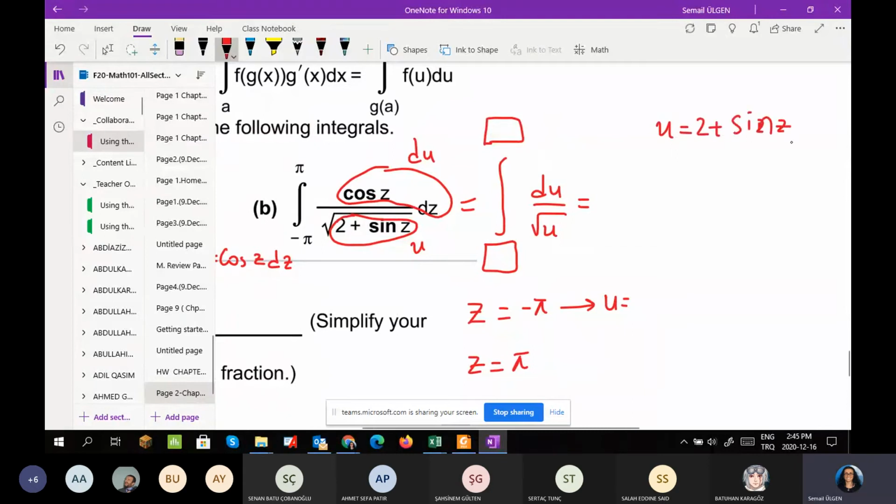So if z is negative pi, sine is 0, 0 plus 2 is 2. And then if z is pi, sine pi is 0, you get, again, u is equal to 2. So this is going to take us to 2 to 2.